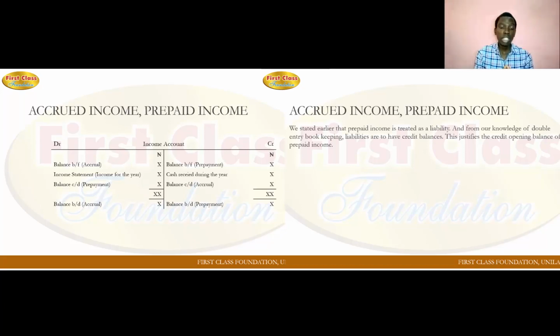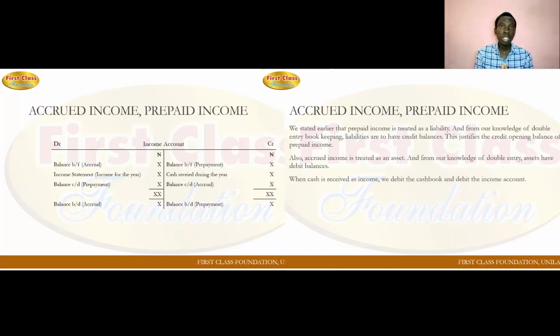Because prepaid income is a liability. We mentioned that earlier, and liabilities also have credit balances. Then the balance of accruals is going to be debited because accrued income is an asset, a current asset. So assets are meant to have debit balances.